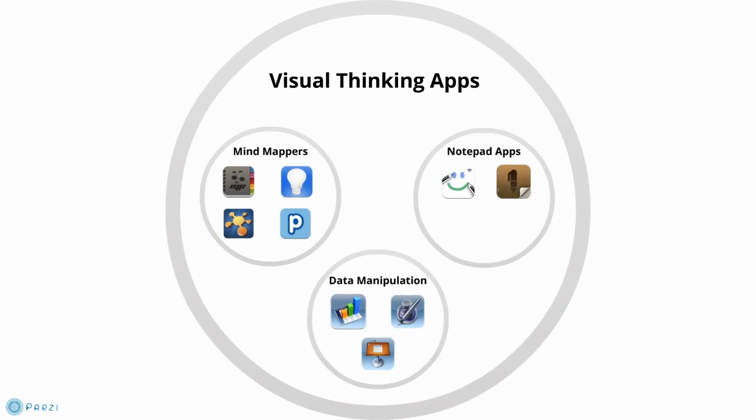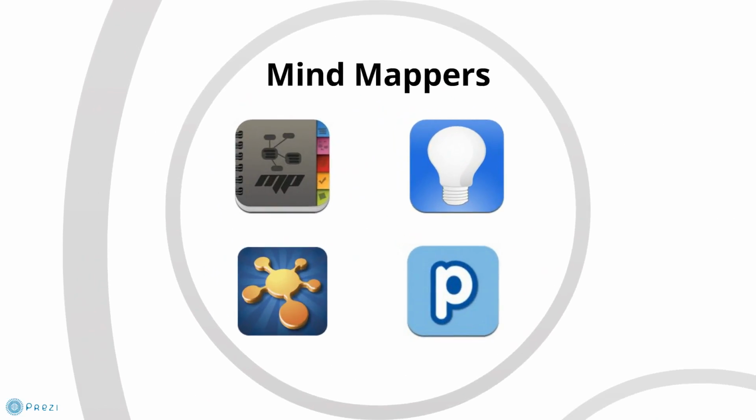Over the last 3 months, I've reviewed several visual thinking apps, and I've broken them down into 3 categories. Those are mind mappers, notepads, and data manipulation. Mind mappers help the user focus their thoughts in a visual manner, usually by expanding on ideas.